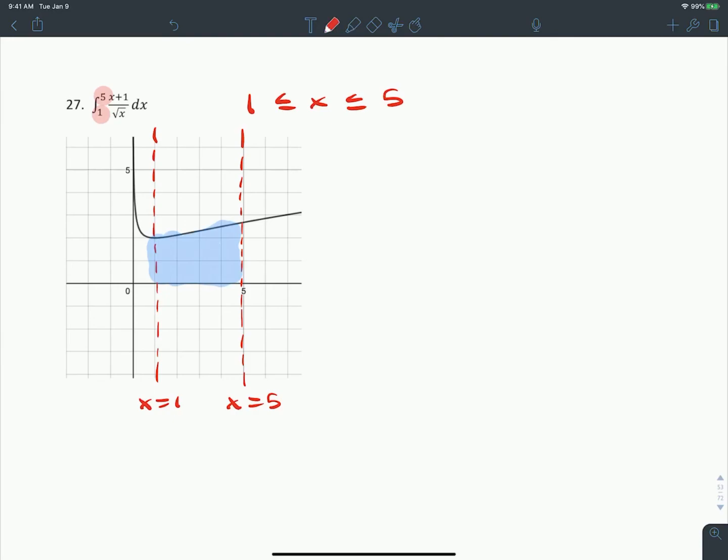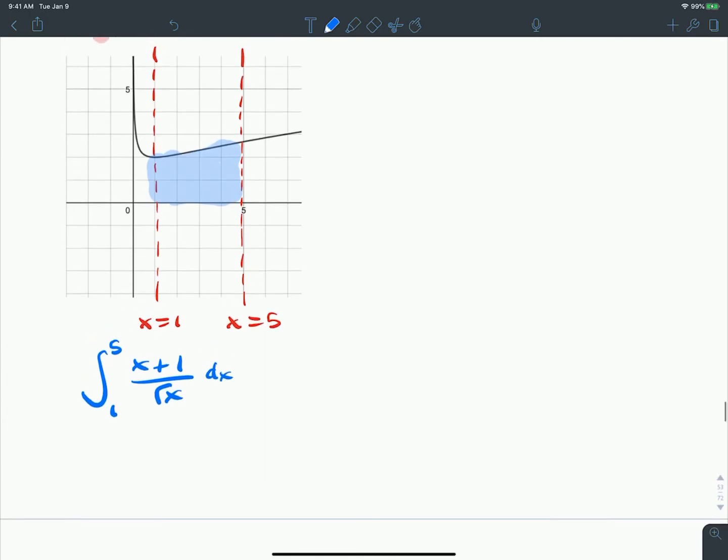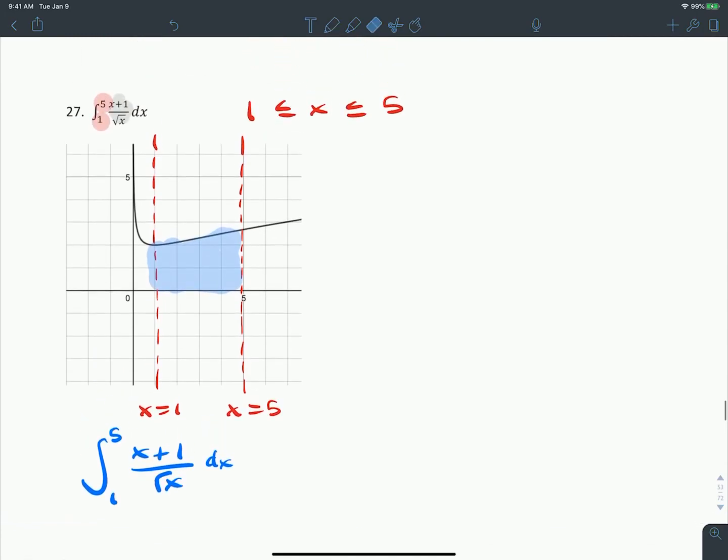But I want you to note the integrand here. Because when we integrate x plus 1 over the square root of x from 1 to 5, there's really something we have to do first with this. We're going to have to use some algebra, and we're going to have to simplify.